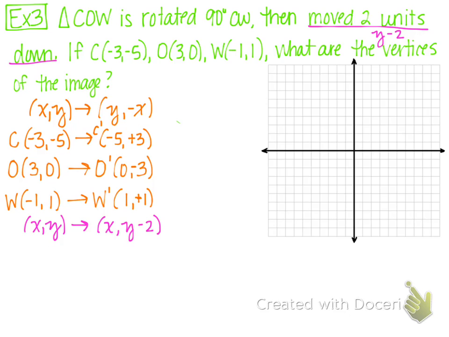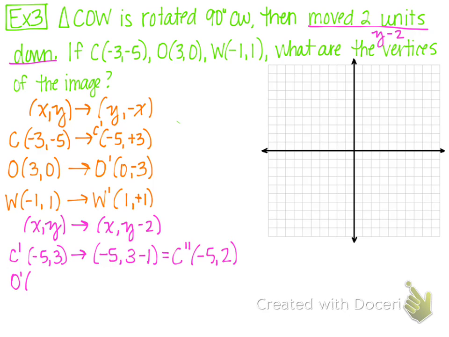So let's take our primed ones. So remember, we're starting from here. So for C prime, we have negative 5, 3. So we aren't doing anything to negative 5, but 3, we're subtracting 1 from it. So our final C, so C prime prime, is at negative 5, 2. O prime is at 0, negative 3.